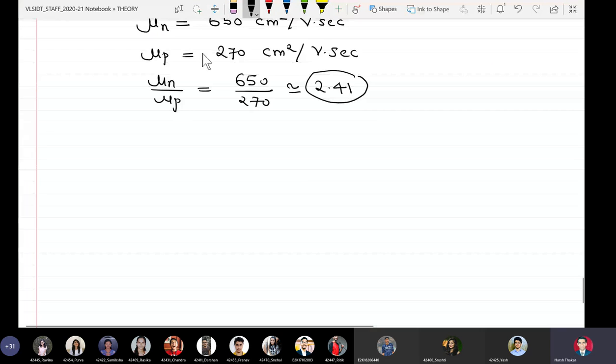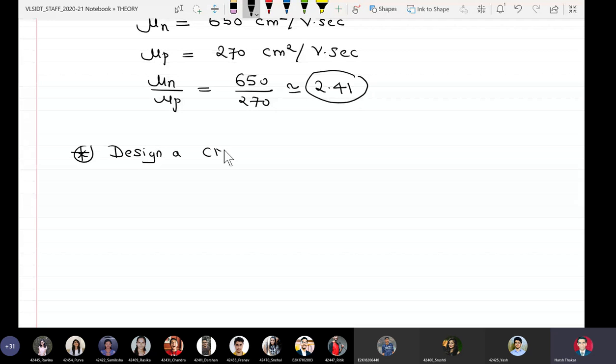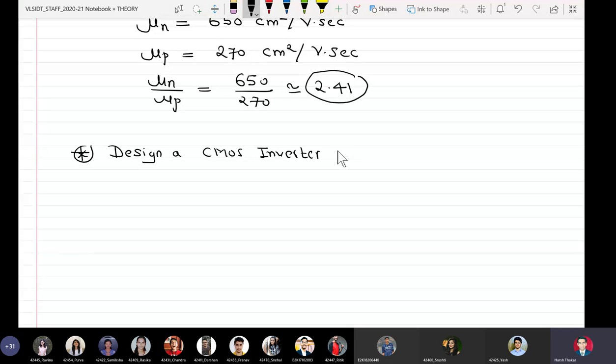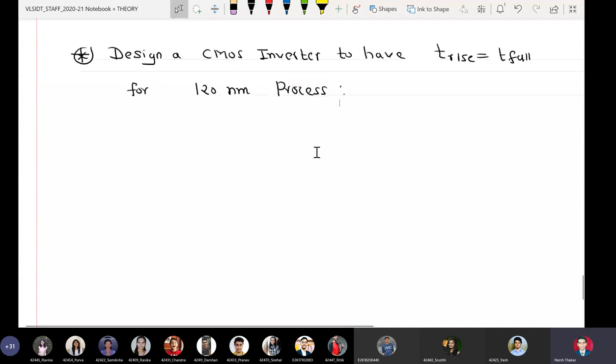So the numerical is like this: design a CMOS inverter to have rise time equal to fall time for a 120 nanometer process.